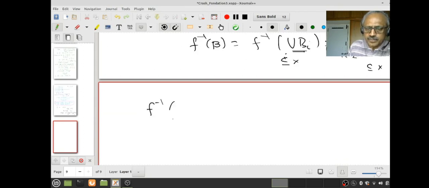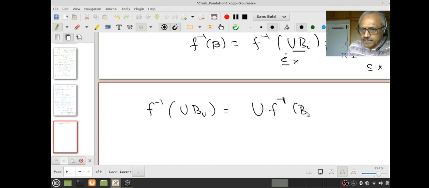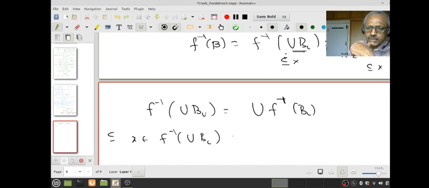I want to prove f inverse of union Bi equals union f inverse of Bi. Okay, so let us prove it this way. So this is a subset of X. Let x be in f inverse of union Bi. I want to know whether x belongs to union f inverse of Bi.